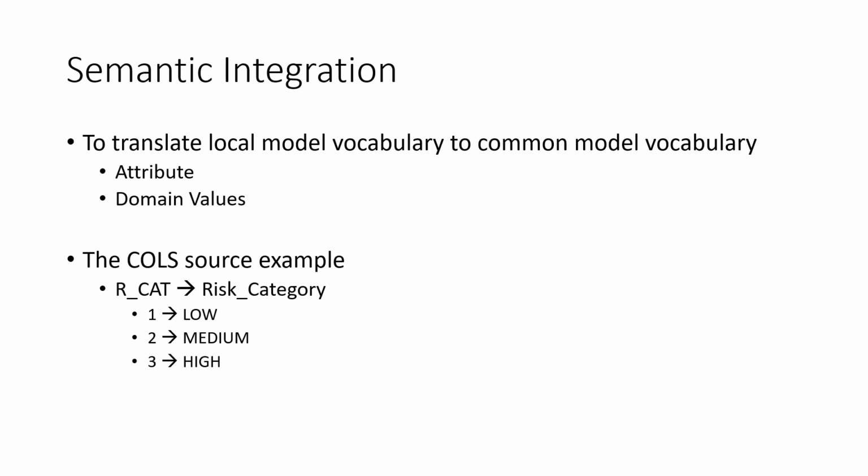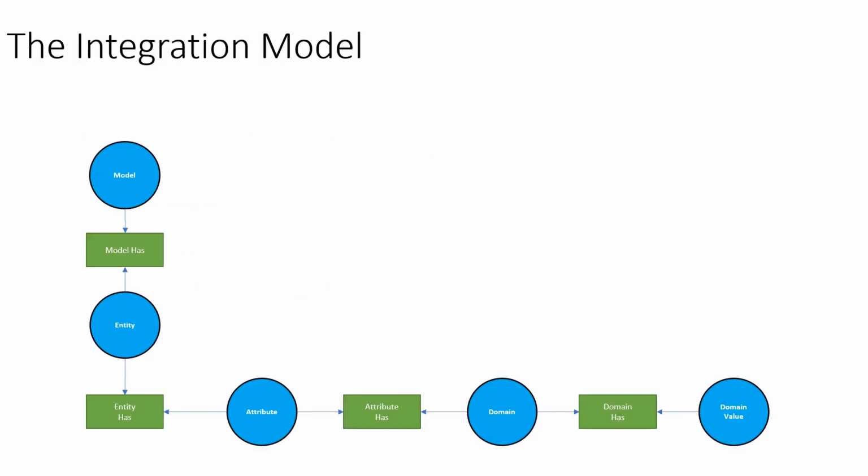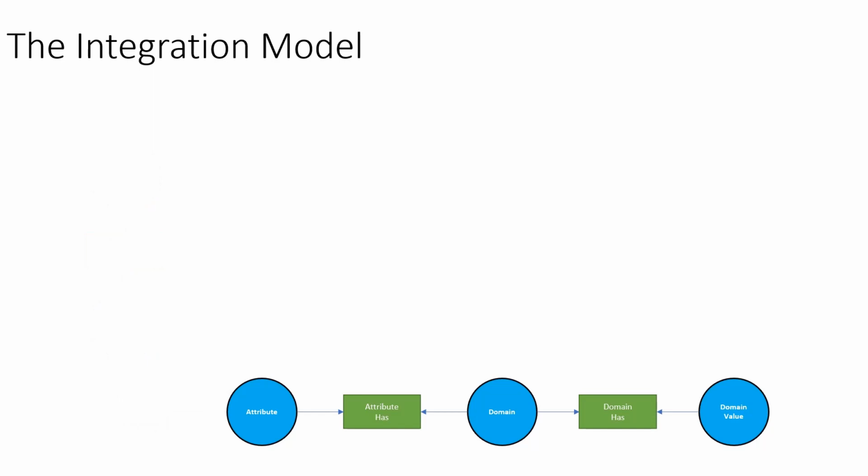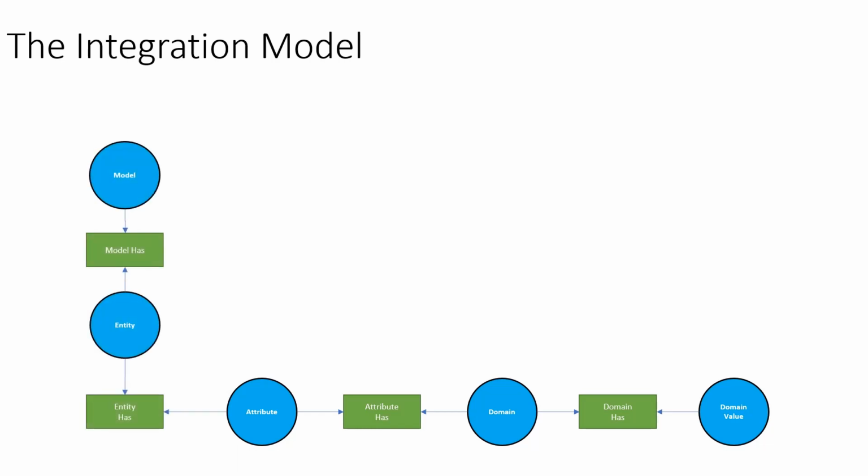So how is this done? First of all, the model and the entity focal are not necessary. But on the other hand, they are nice from a model lineage perspective. From a semantic integration perspective, they are optional. So this works pretty simply.